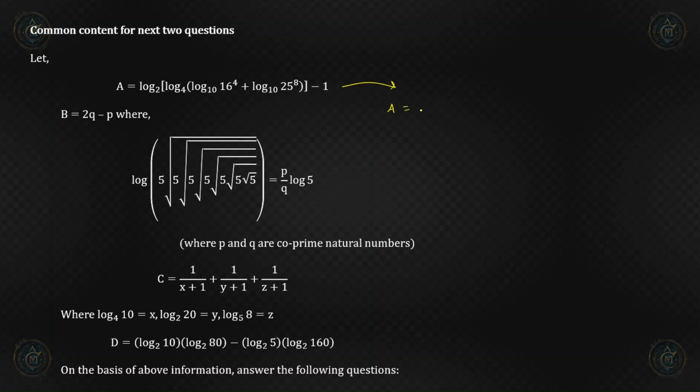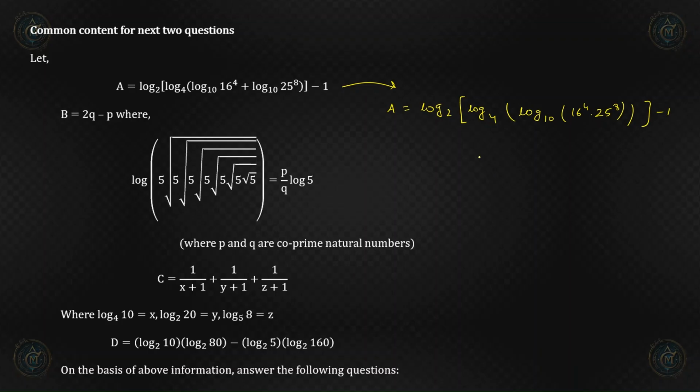A we can write as log of this, then log of this, then the first bracket, if we simplify, becomes log of 16 to the power 4 times 25 to the power 8 with base 10.